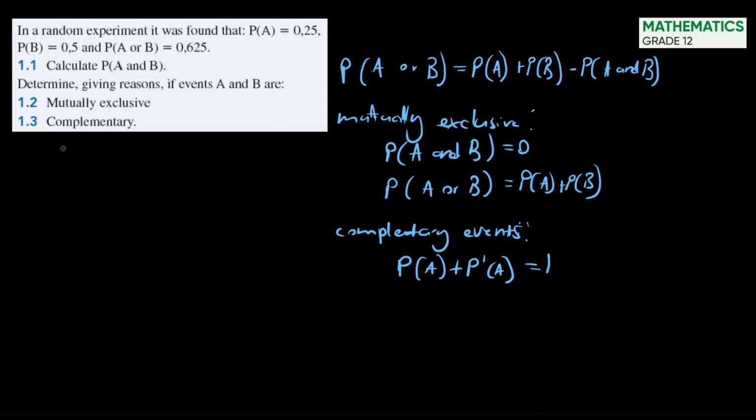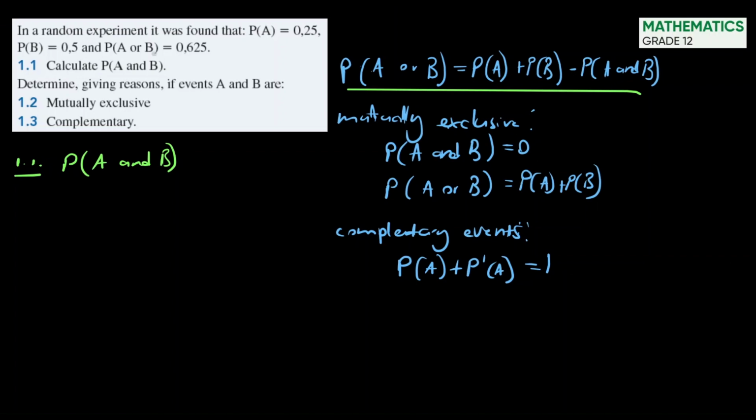In a random experiment, it was found that the probability of event A is 0.25, the probability of B is 0.5, and the probability of A or B is equal to 0.625. The first question says calculate the probability of event A and B happening. So these are any two events, so we can immediately use the probability law.